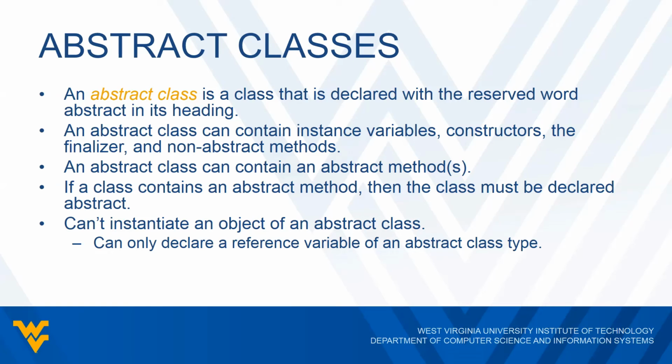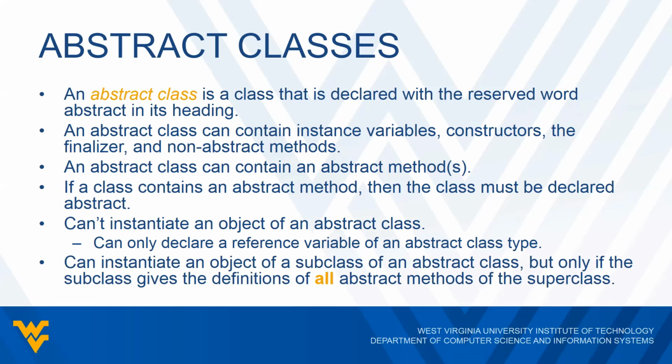So you might think, then how does this help us? If I can't make objects of the class, what's the purpose of an abstract class? Here's what we can do. We can instantiate an object of a subclass of an abstract class. So we have our abstract class, and I can create a subclass of that abstract class. But here's the kicker.